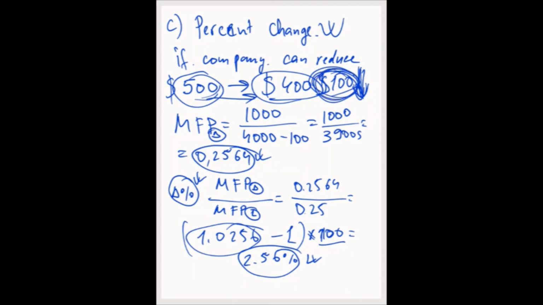So the meaning of this number is if we can reduce $100 input, we can increase our productivity by 2.56%. So that's for all our problem. So let's summarize this.